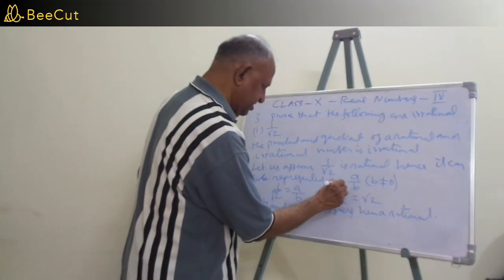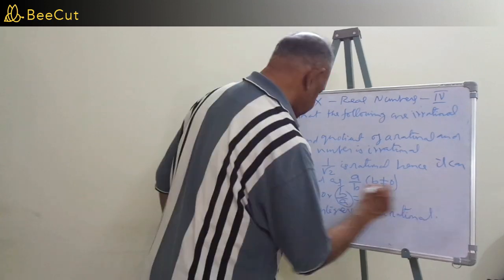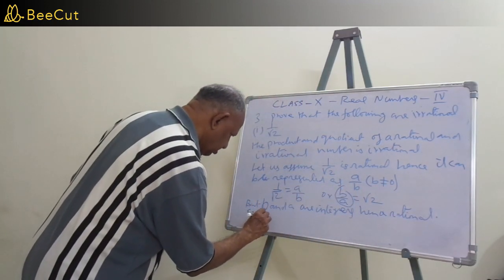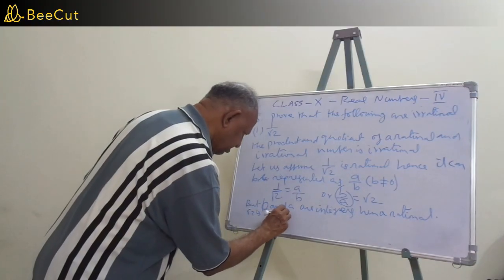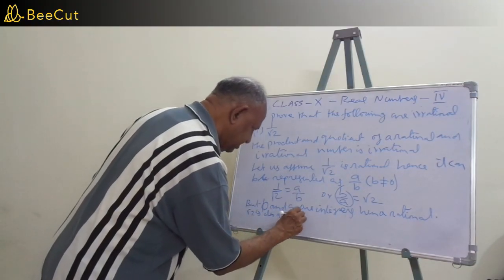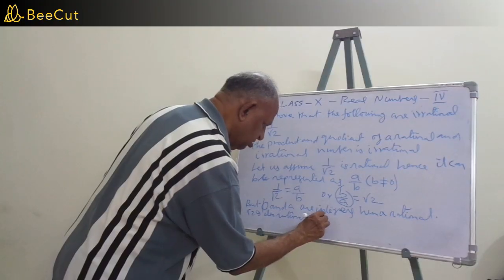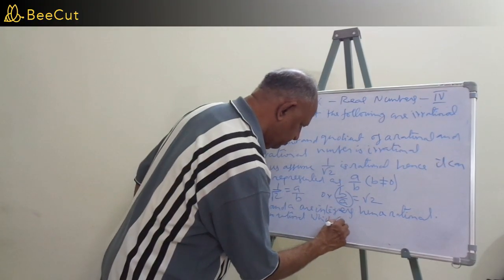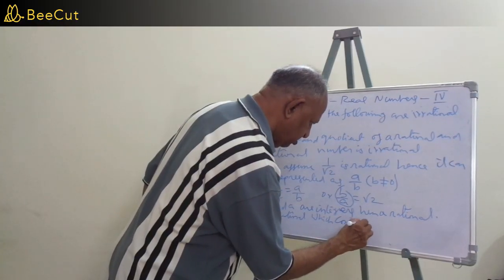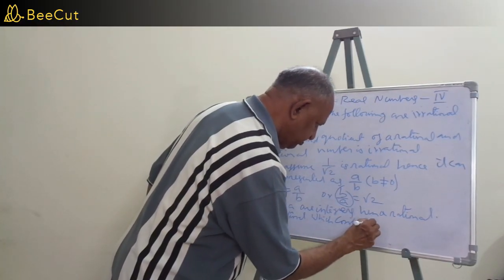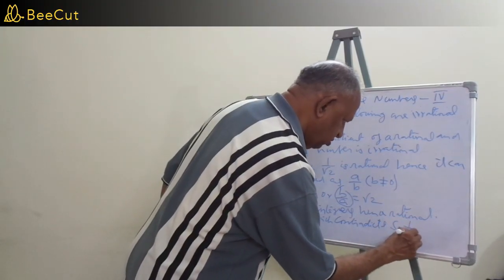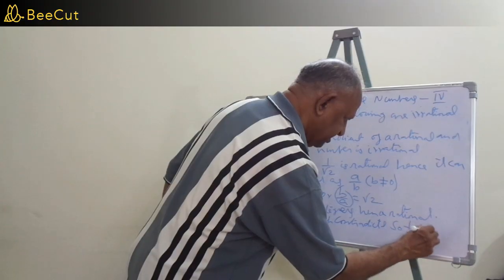So b by a is rational means root 2 is also rational, which contradicts our assumption. So 1 by root 2 is irrational.